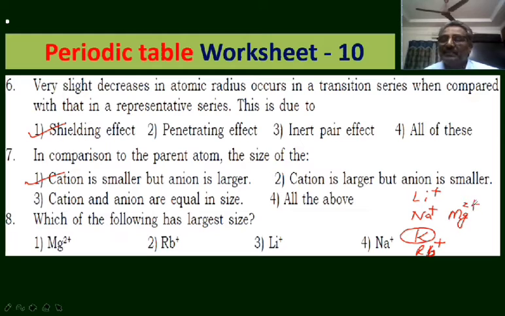The Mg2+ ion is smaller than the magnesium atom. The magnesium atom is smaller than the sodium atom. The magnesium ion is smaller than the sodium ion. The rubidium ion is larger than the sodium ion. So the Rb+ ion is the largest ion, that is, it has the largest size. So the second option is the right option.